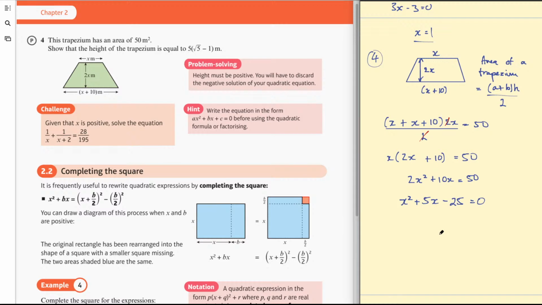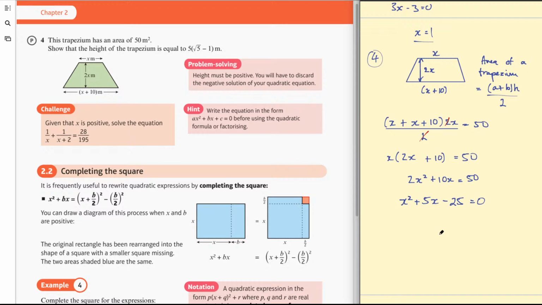And then we could, well, can we factorize, I guess is the question, are there factors of 25 that make 5?